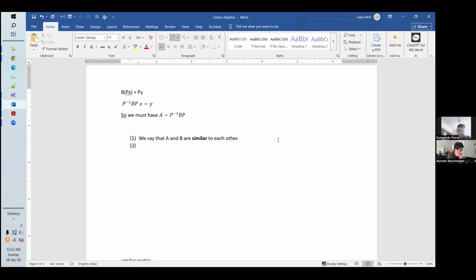Second thing is, we say that a matrix is diagonalizable if it's similar to a diagonal matrix.